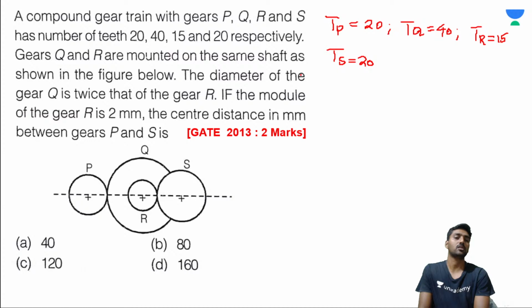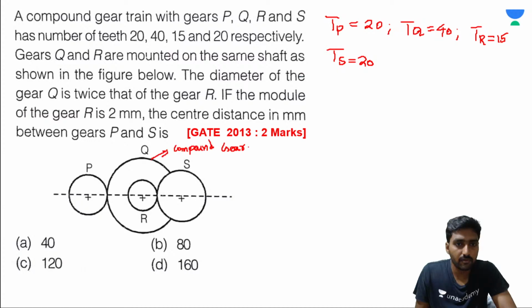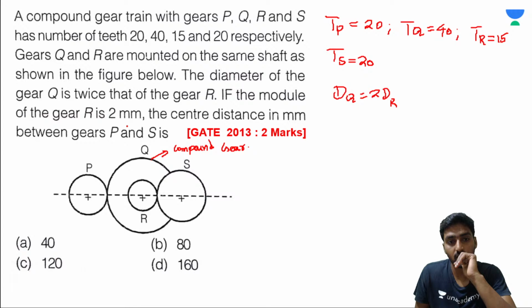The diameter of Q is twice that of the gear R. The module of the gear R is 2 millimeter.